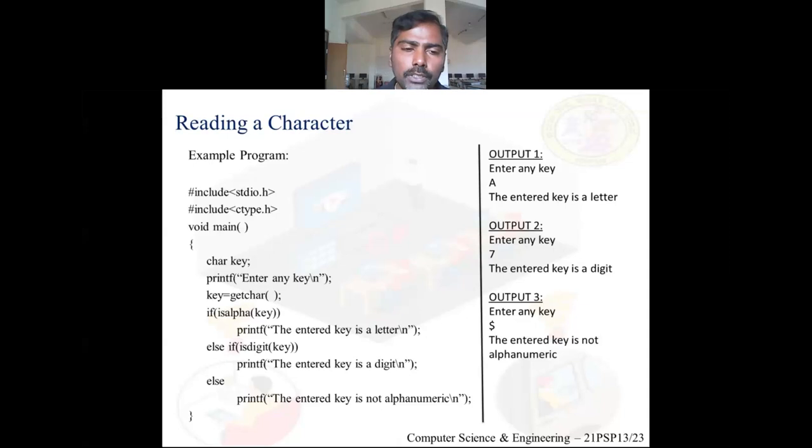If neither isalpha is true nor isdigit is true, then it's very clear that the character you have entered is neither an alphabet nor a digit. So the third message is going to be printed as output 3 when you enter some symbol like a dollar: the entered key is not alphanumeric.